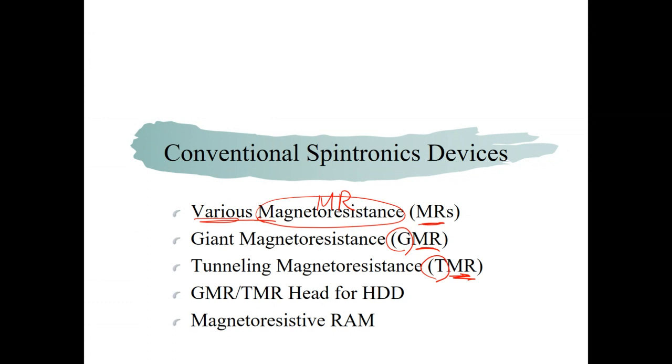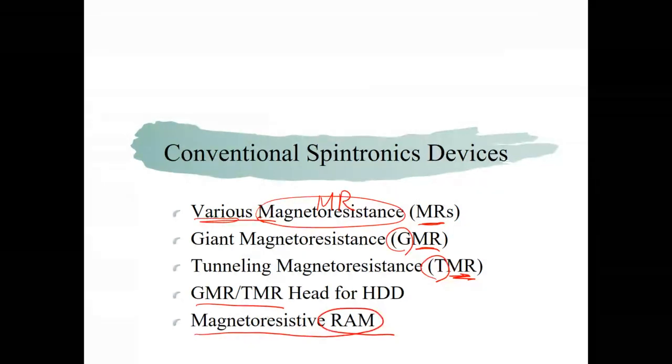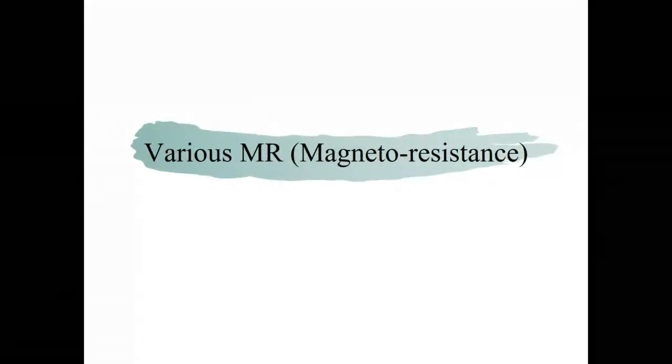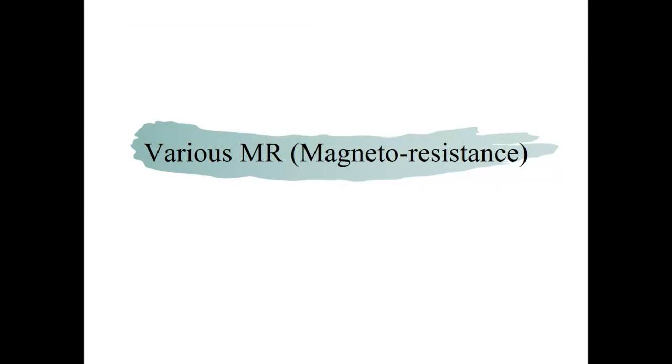And there are applications of GMR or TMR for the hard disk drive. And also, I'm going to explain MRAM. Okay, so MR implies magnetoresistance. That means the resistance of your sample is changed by the magnetic field. Then we call this MR.